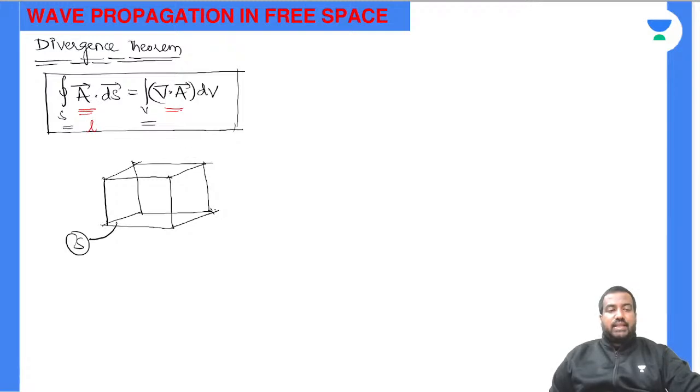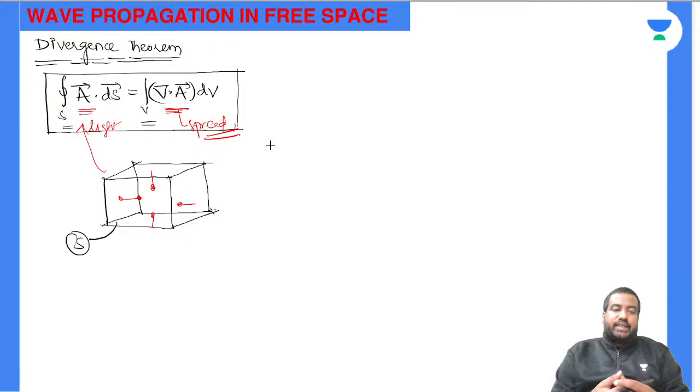For example, A is some light energy. The amount of A, that is light, that is kept on this closed surface is equal to the amount of light that is spreading in this volume. Divergence. Spread.